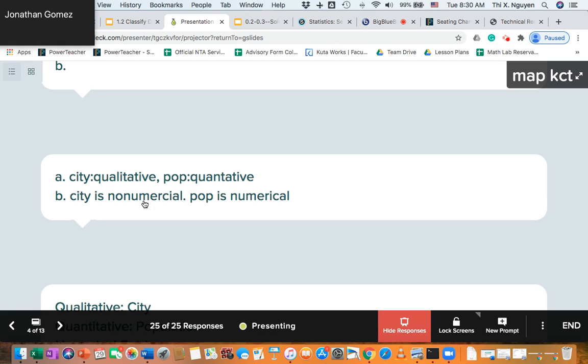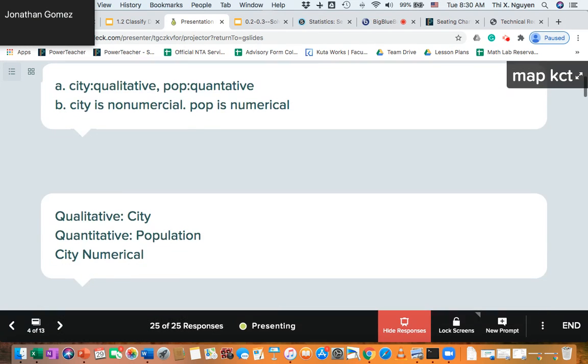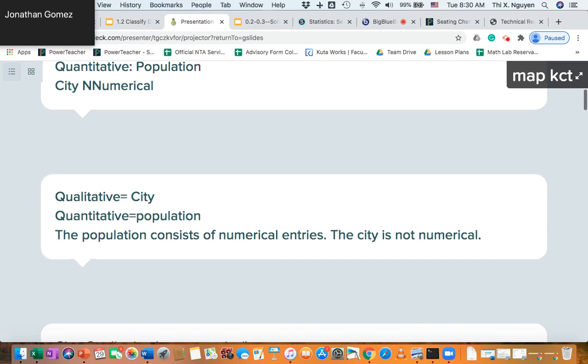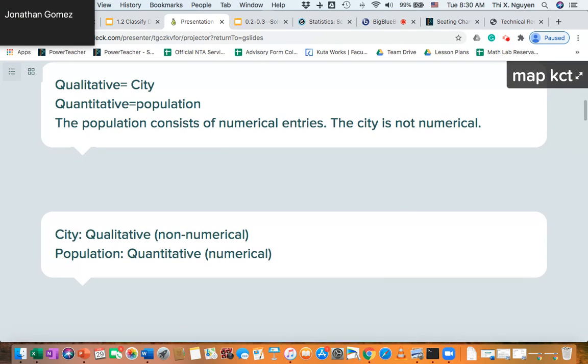City is non-numerical, population is numerical, right? Because we have numbers. So this answer right here is correct. City, qualitative, population, quantitative. City is non-numerical, population is numerical. Okay, good. This is good.